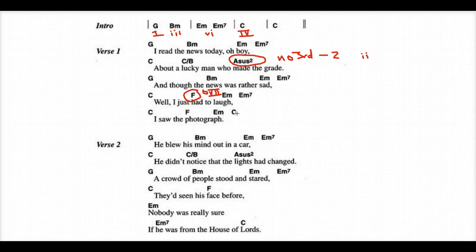Now this is unusual because this does not really follow a pattern that we come across very often. Like, for instance, the F going to the E minor right here, this is not a very common move in any type of music, really. You would expect the F actually to go straight to C. That's much more common.